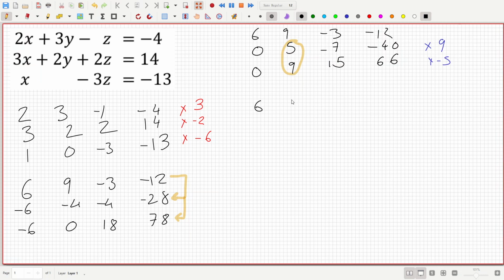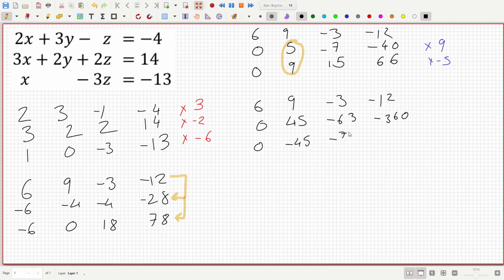So I'd have 6, 9, -3, -12, then 0, 45, -63, and then what's that? -3, 6, oh, isn't it? I believe so. And then that would be 0, -45, -75.